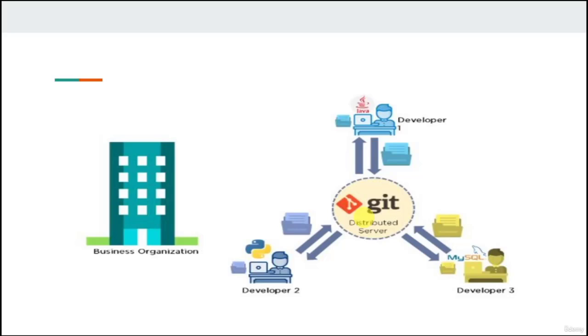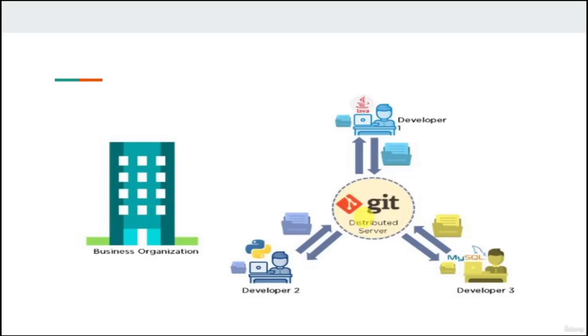Developer 3 is using MySQL. It's just a representation only. We can consider any other language also. It means they have different types of developers: front-end developer, back-end developer, and database developer. Everything we save in Git.